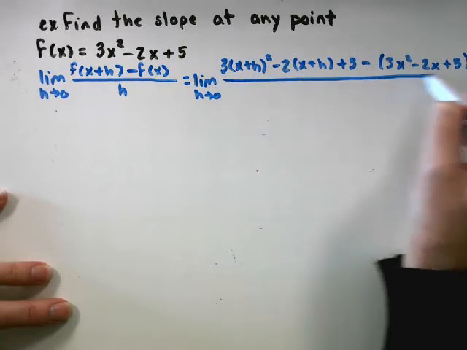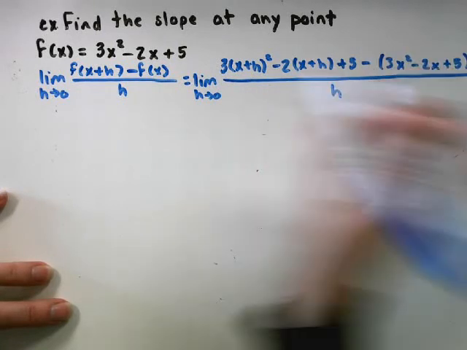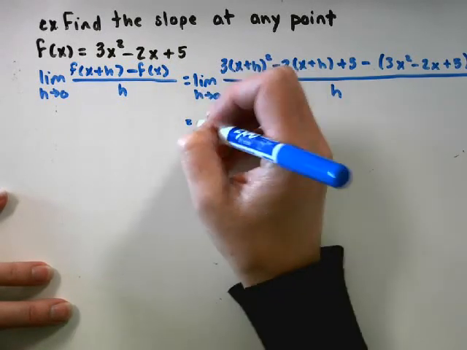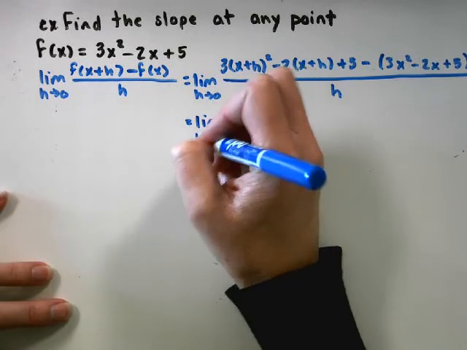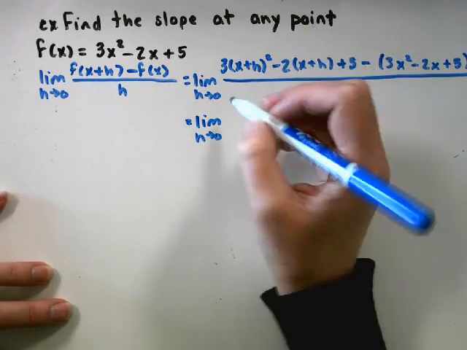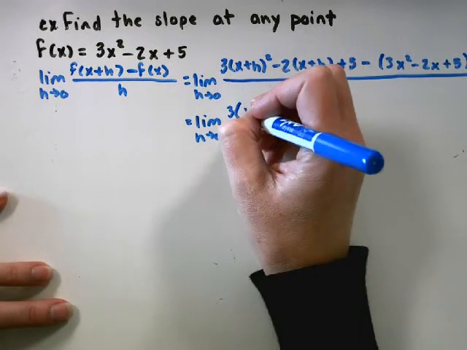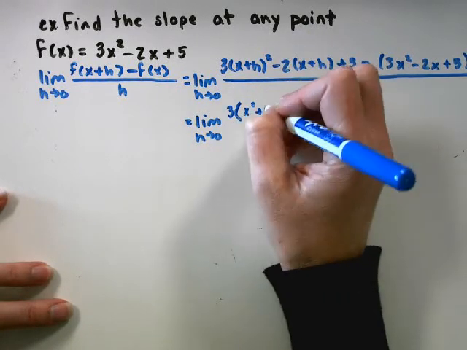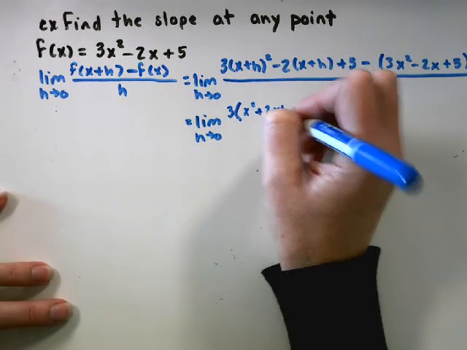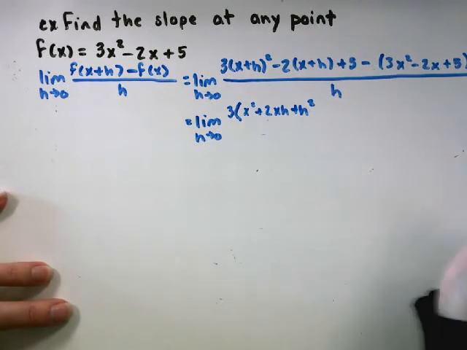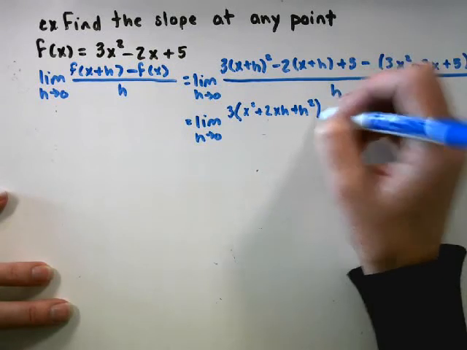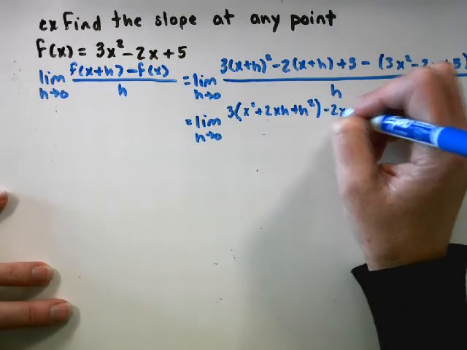So we're going to have 3 times this FOILed, x squared plus 2xh plus h squared, minus 2x minus 2h plus 5, minus 3x squared plus 2x minus 5.